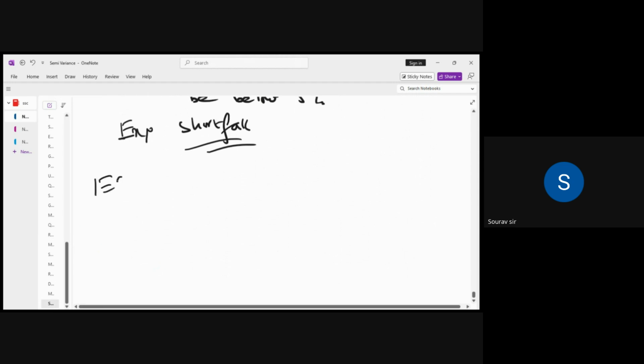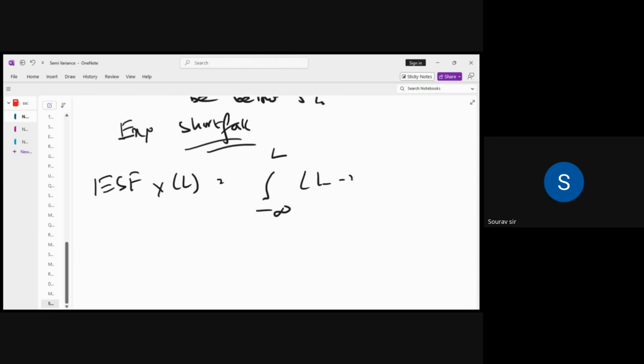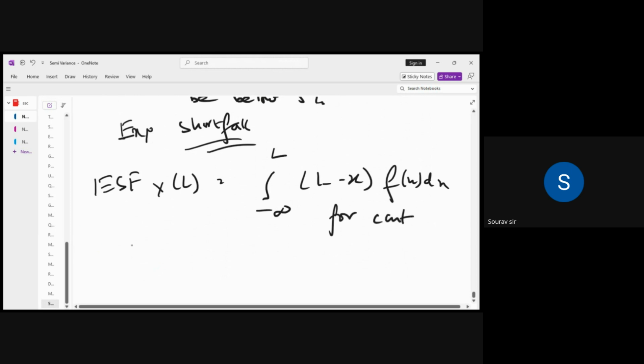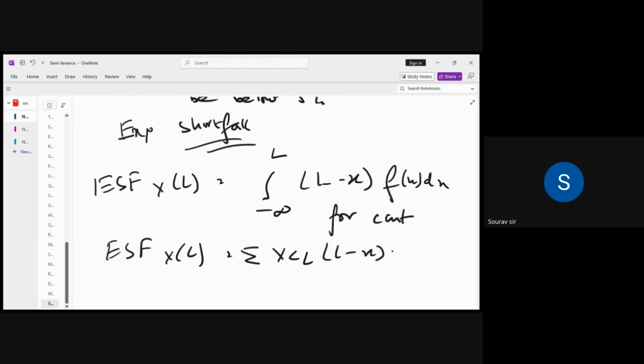The formula is ESF of X, L equals the integral from minus infinity to L of (L minus x) f of x dx. This is for continuous. For discrete, it is the summation over x less than L of (L minus x) P of X equals x.